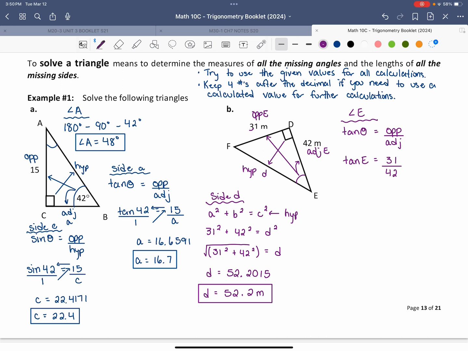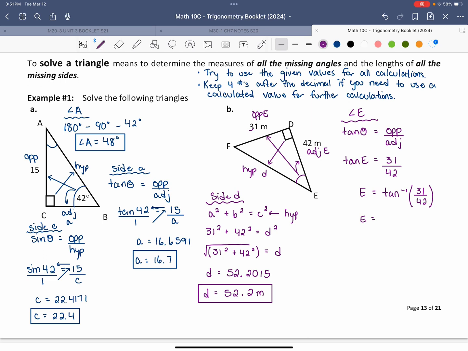Then we want E, so take tan inverse of both sides to get E equals tan inverse of 31 over 42. And plug that into your calculator.